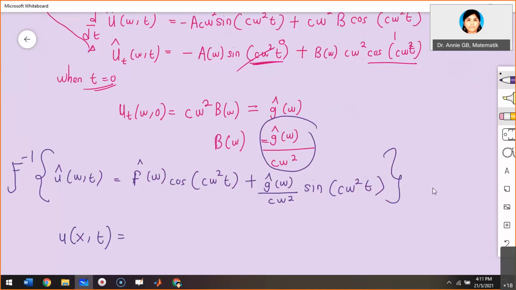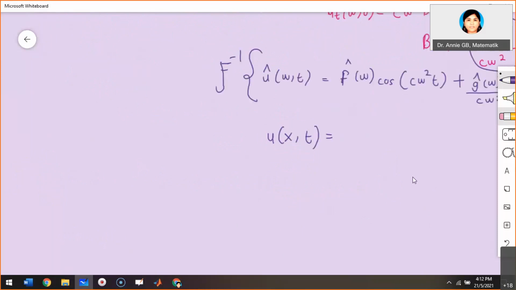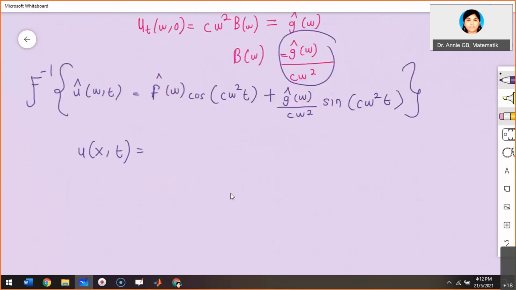It's on page 76 in your book. Okay, dia kata to take the Fourier, dapatkan balik dalam bentuk x adalah 1 over 2 pi from minus infinity to infinity f hat omega e i omega x d omega.